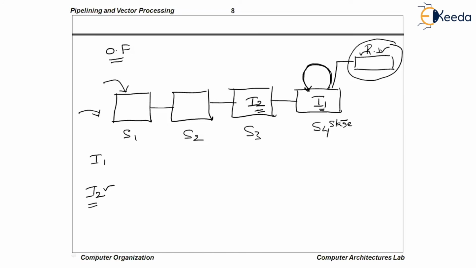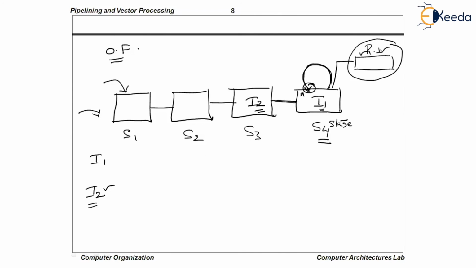So I2 need not read the value from the register file. The operand is directly available at the input, and I2 can get into the ALU stage and finish. This is how the operand forwarding technique works.